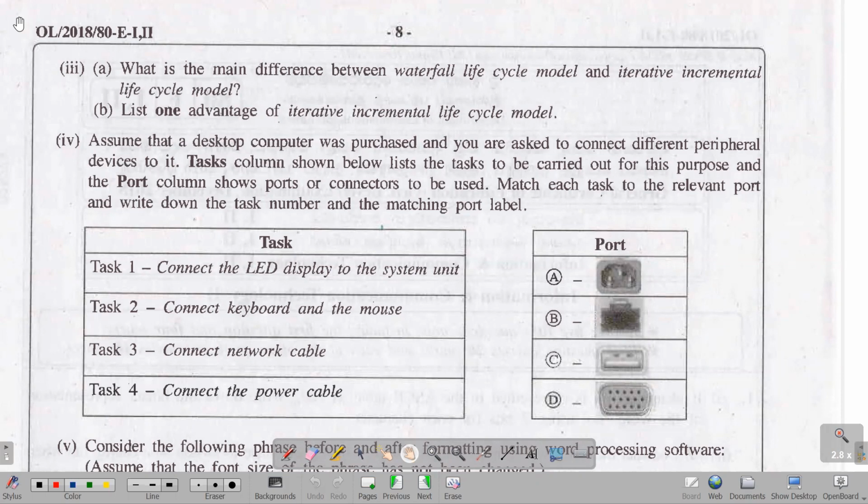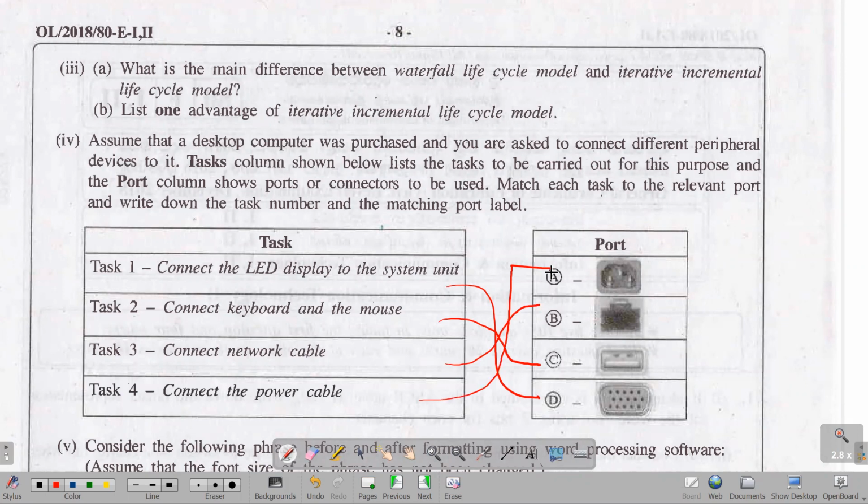Connect the LED display to the system, we need this particular video graphic adapter. Connect the keyboard and the mouse, we can go with the USB port. Connect the network cable, you can go with the network interface connector, or in simple terms the network port. Connect the power cable.